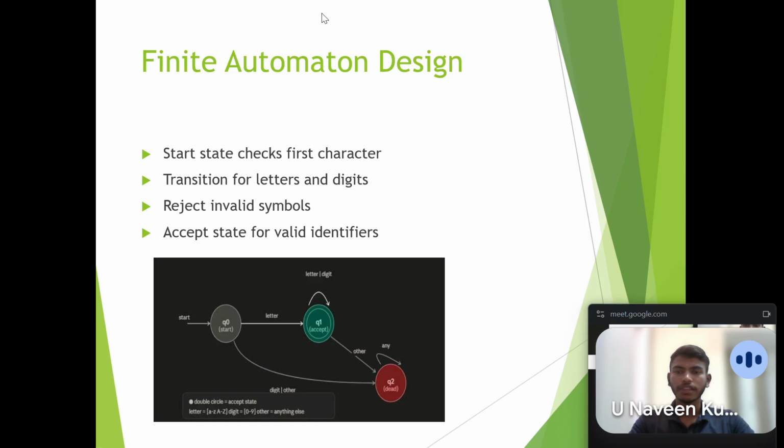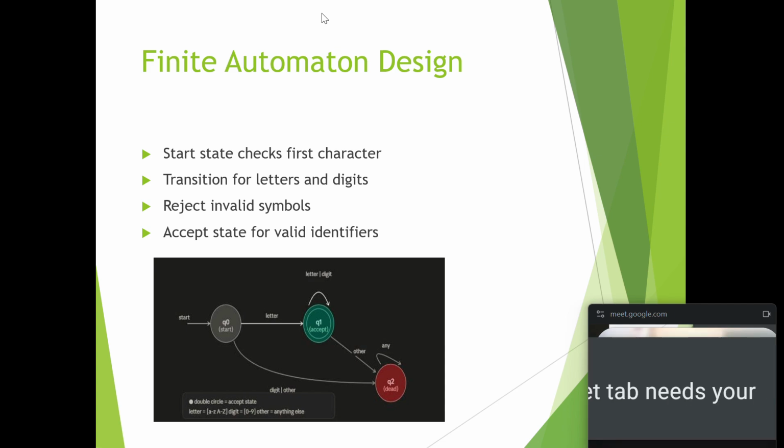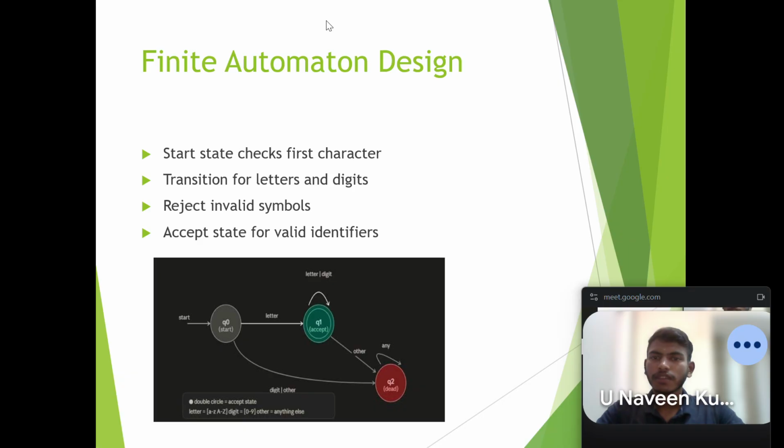Next, it rejects invalid symbols: if a special character appears, it rejects automatically. Finally, the accept state is for a valid identifier. If the identifier follows all the rules, it is accepted.